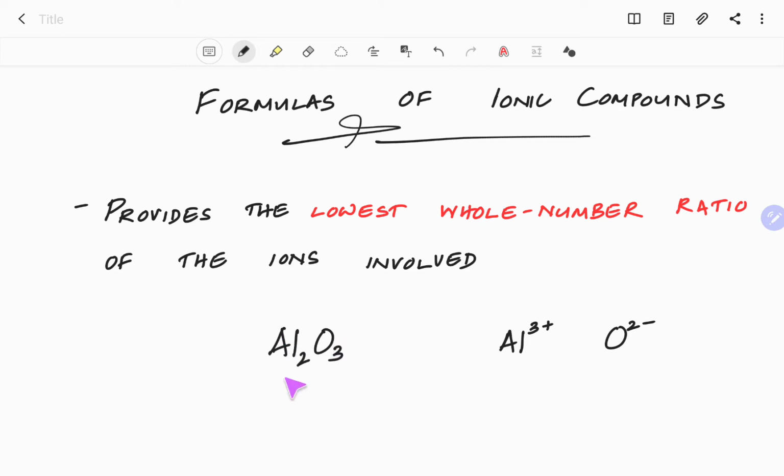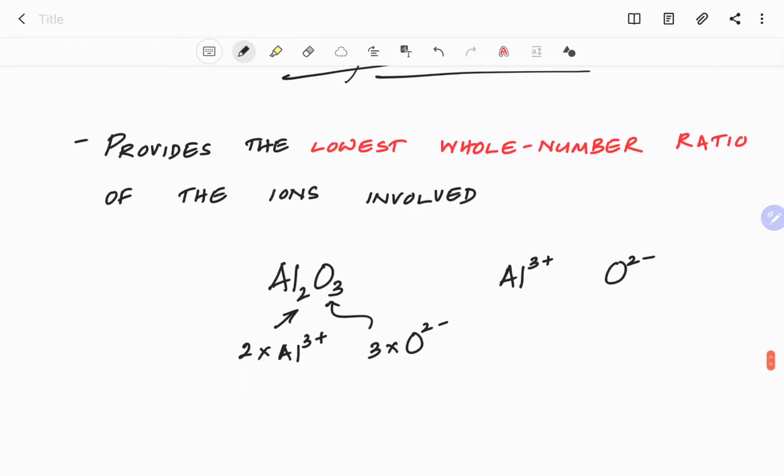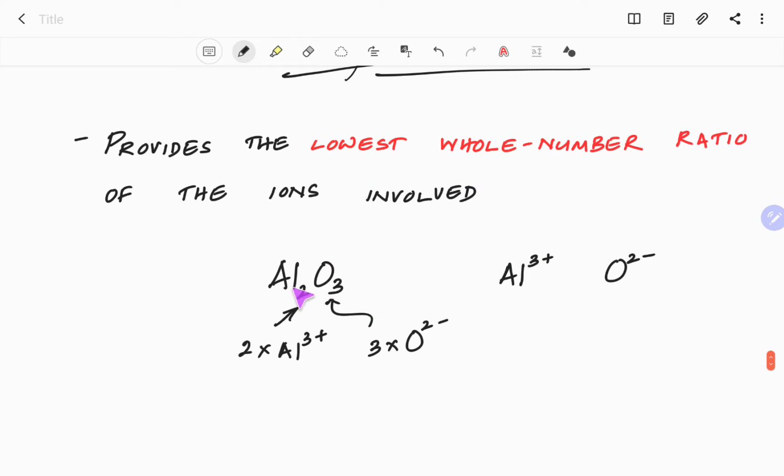So in this chemical formula you have two aluminium ions and three oxide ions. According to this formula, it has two aluminium 3 plus ions and three oxide ions. That's the information that we get from a chemical formula.